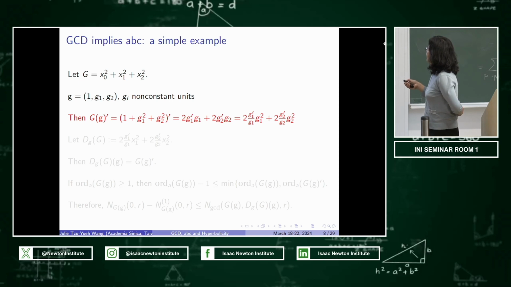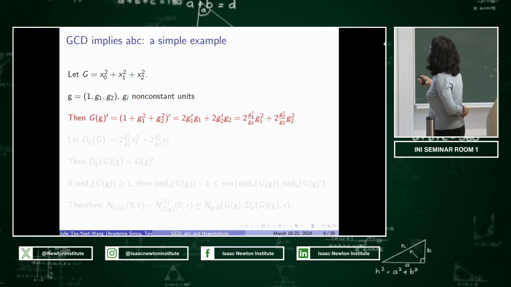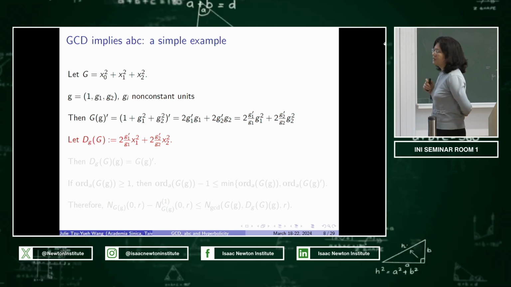And then let's take a derivative. So you take a derivative, you get this one. And then let's rewrite again. So we rewrite G1 prime over G1 and then times G1 squared. So this goes back to Borel. That's what he did. Okay. And so now let's define another polynomial, which depends on the map and the homogeneous polynomial.